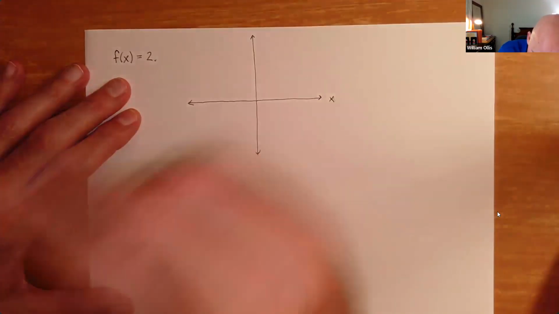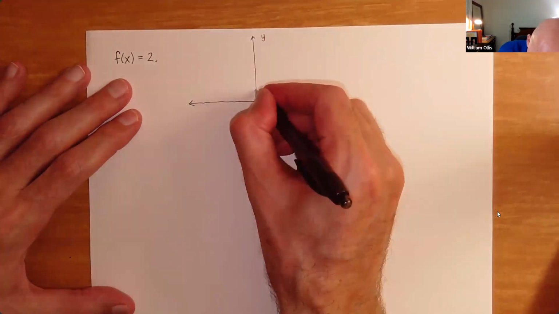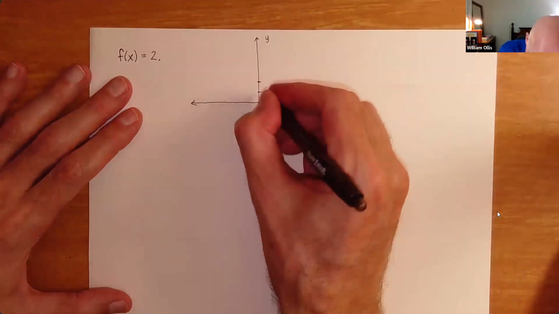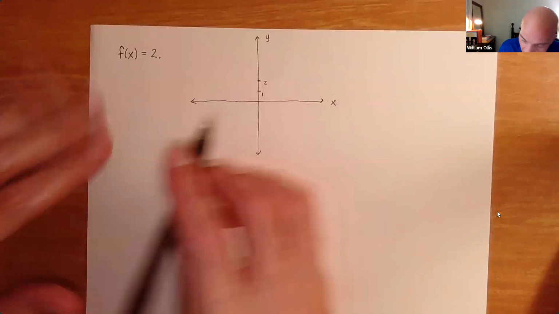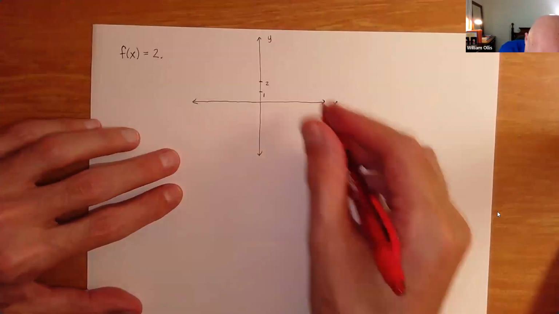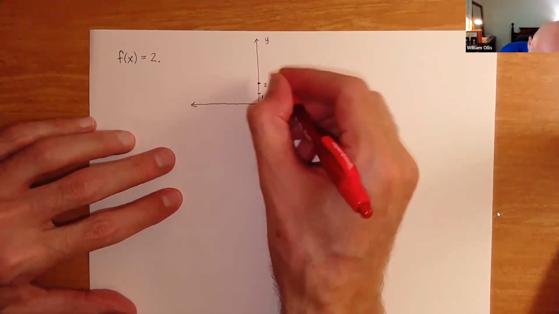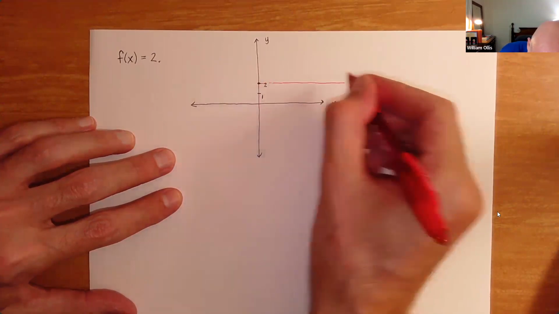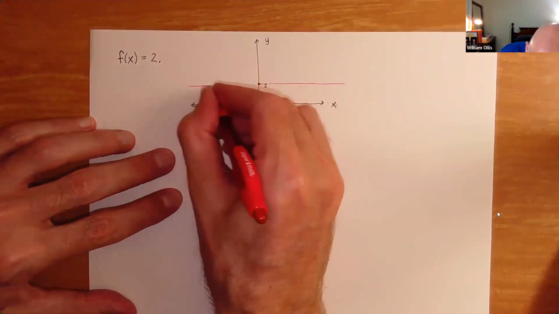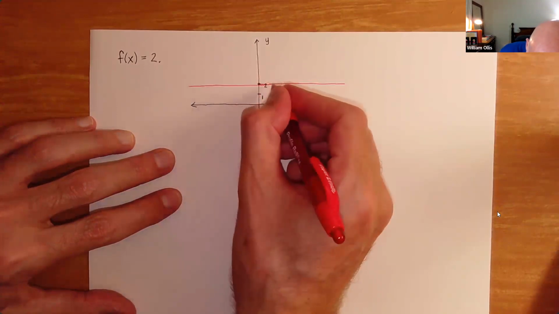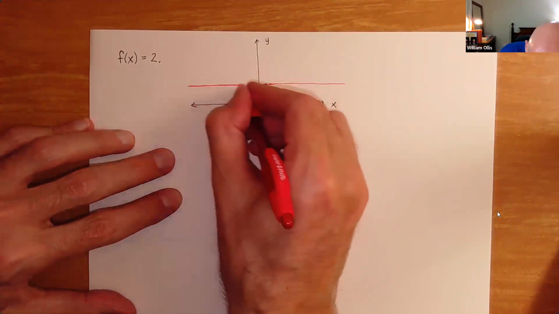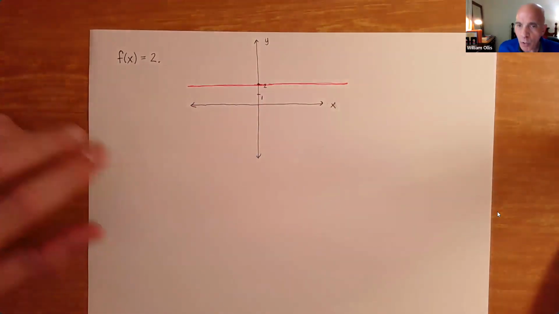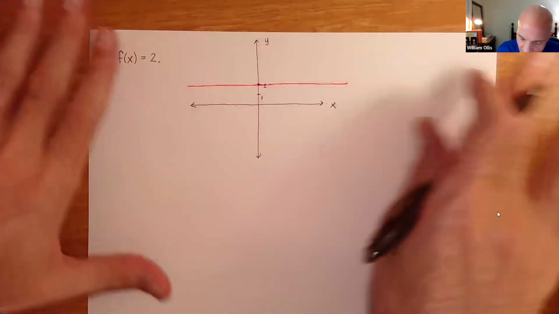So constant functions are really simple. That is, you can mark off a scaling, this to represent 1 and 2. And then if we were to plot several points, they would all be along this horizontal line. And this will go on indefinitely, you just extend indefinitely.